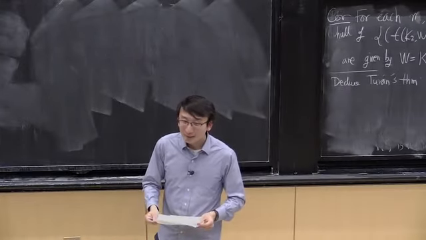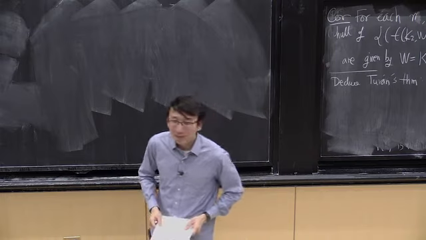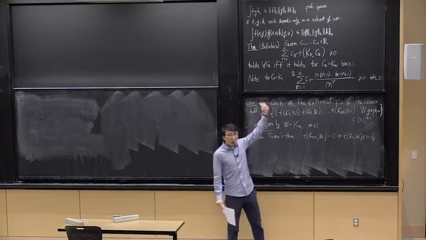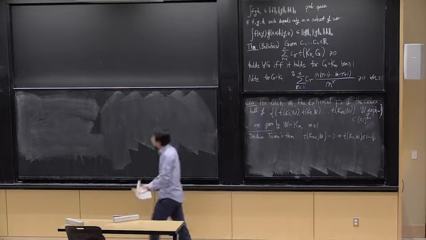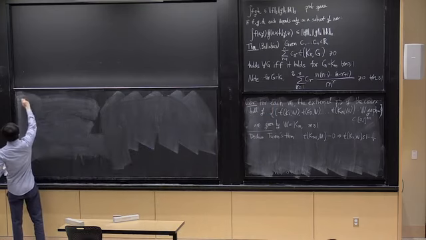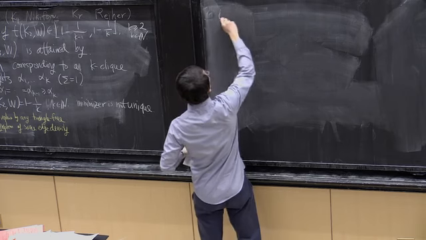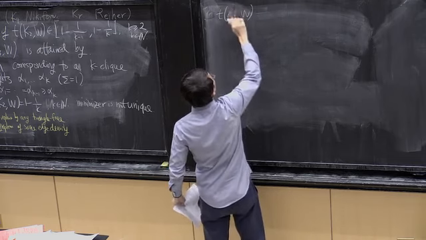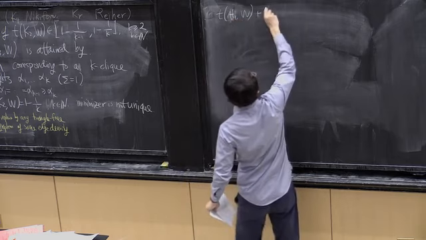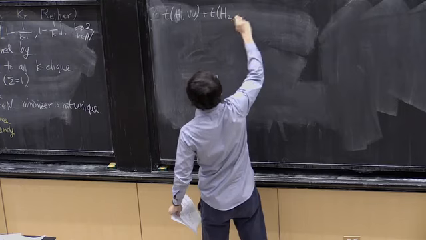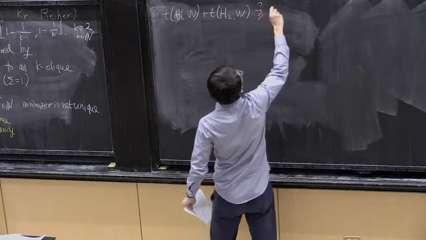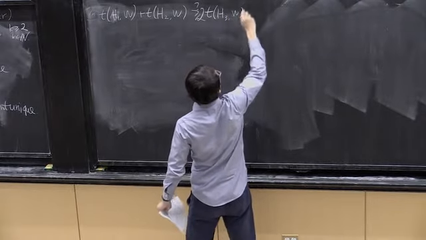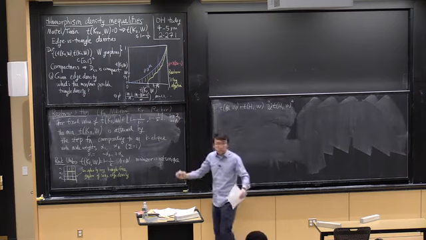Okay, questions? So on one hand, every polynomial graph inequality. What I mean by polynomial graph inequality is something like, suppose I have some inequality of this form. And I want to know, is this true?